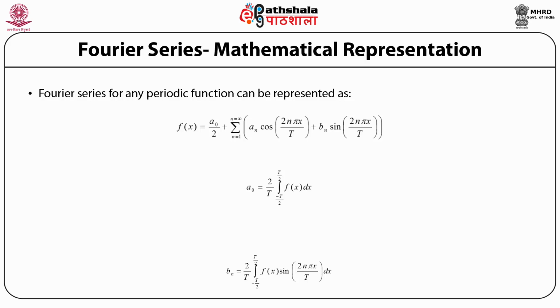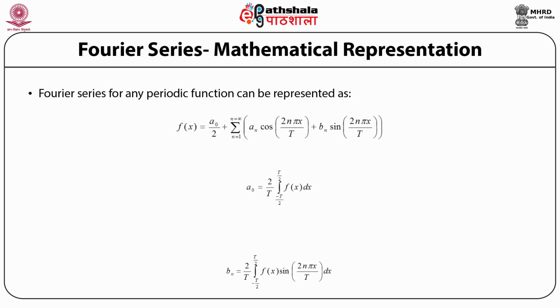The first term is going to have a1 times cos 2 pi x divided by time period plus b1 sine 2 pi x by time period T. And then the second term is going to be a2 cos, so you replace n with 2, and then you will get the values.